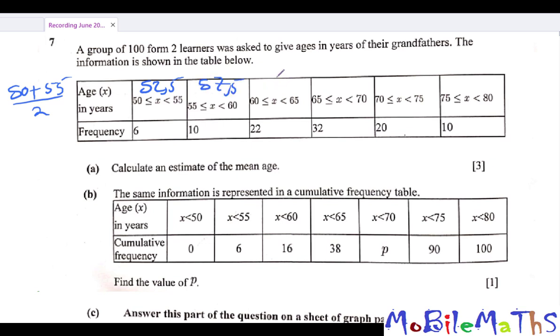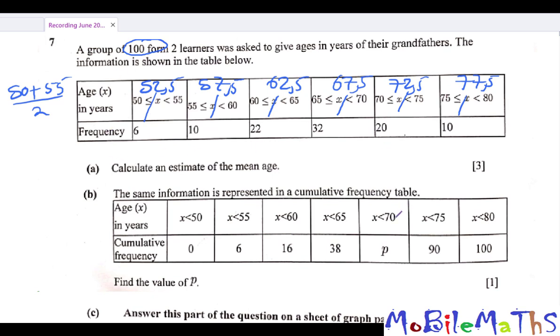For this one, 62.5, and this one 67.5, and here 72.5, and lastly 77.5. Now we multiply these with the frequencies, then we divide the answers by the total number of 100.